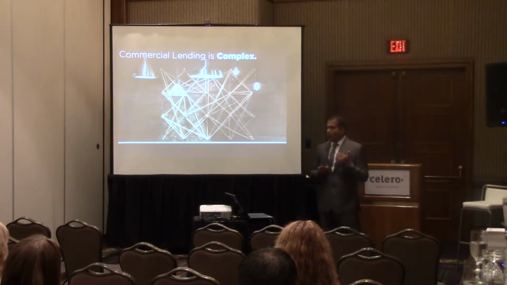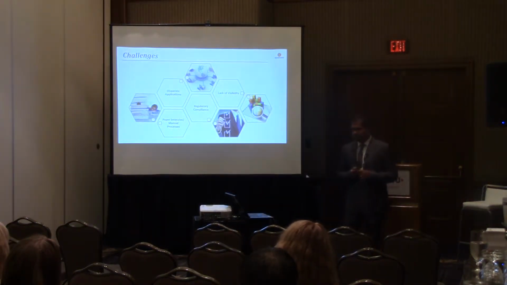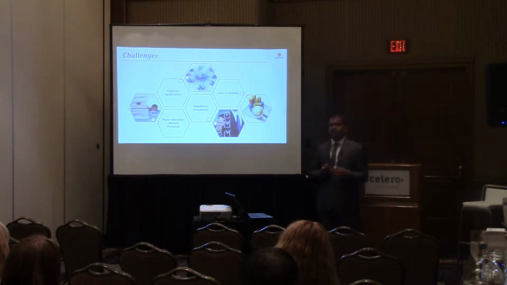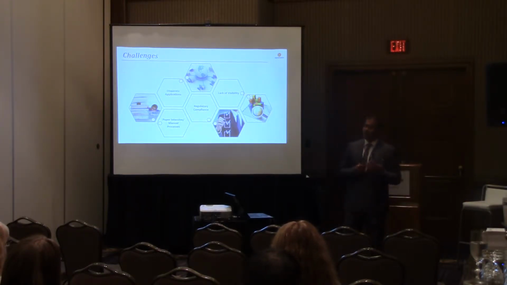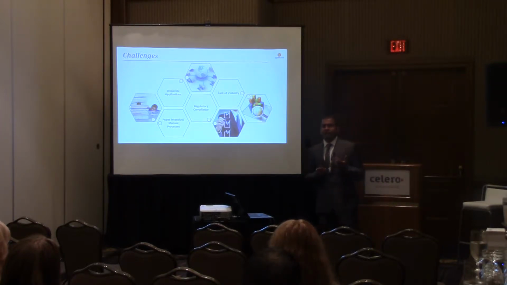So what are those challenges? You have disparate applications, most processes are paper intensive, there are lots of regulatory compliances, and there is a lack of visibility. Once I'm working on different systems altogether, I'm not able to track what is happening inside.